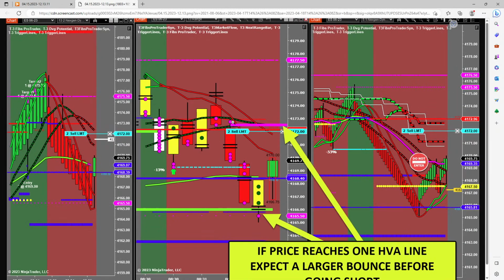All right. This is another situation that you'll find yourself in a lot, especially if you use the larger charts. You guys see this with Mark a lot when he talks about hitting a fib and having the large triggers far away, so you're going to get a bigger bounce. This happens a lot at the mid-band, right?